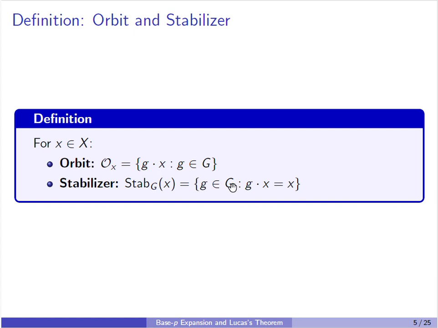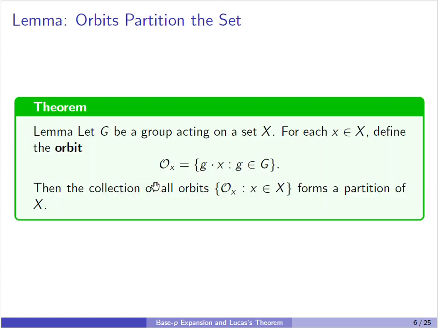So the set of elements in the group that fix X is called the stabilizer of X. It's an easy exercise to show that the stabilizer is not just a subset of G, it's actually a subgroup. I'll leave that as an exercise for you to show that this is a subgroup of the group.